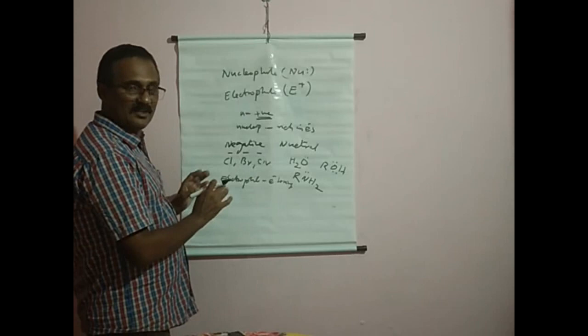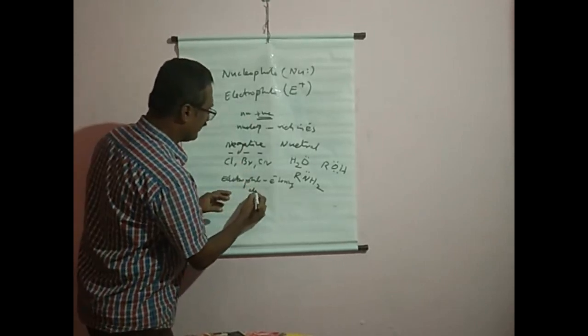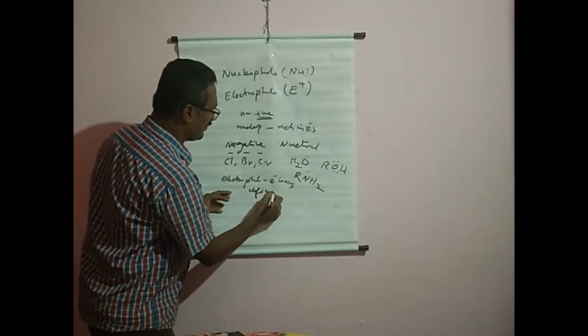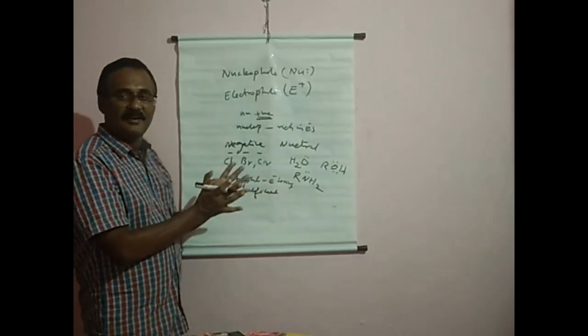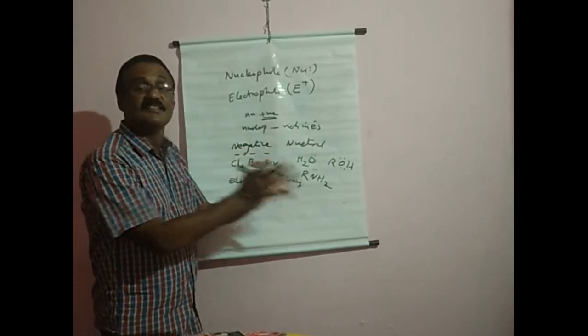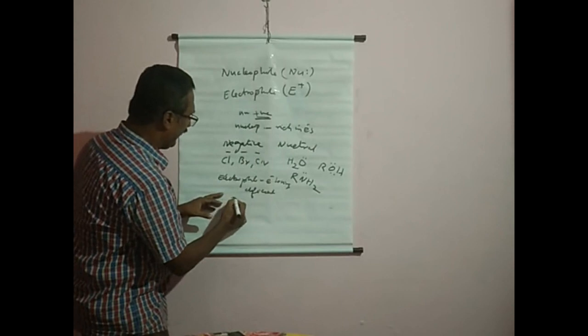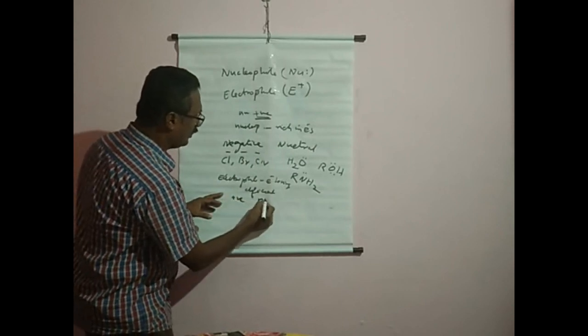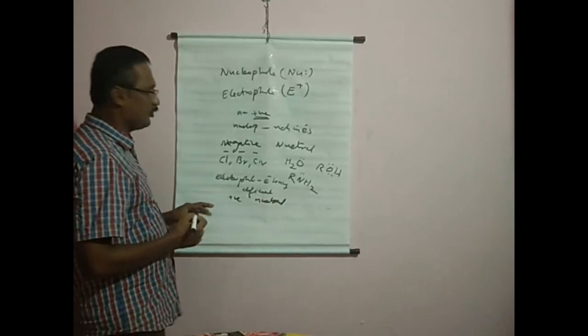So electrophiles should be electron deficient species. They are always looking for electron rich centers. The electrophiles may be either positive or neutral.